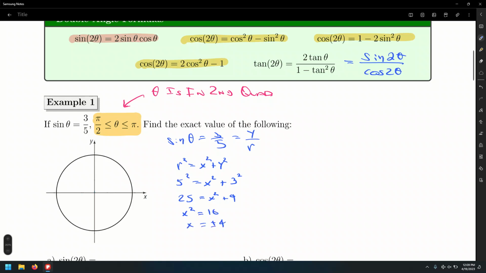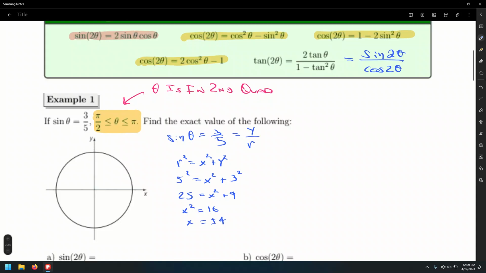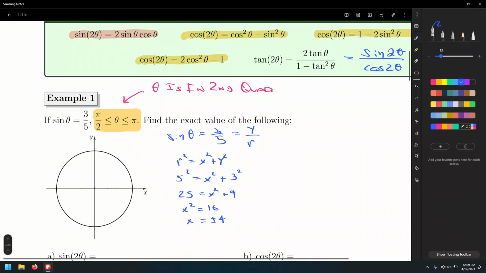Now we need to be very careful again. We have done this before. We need to be very careful with the sign that we take for the value. In this case, we have a positive y.